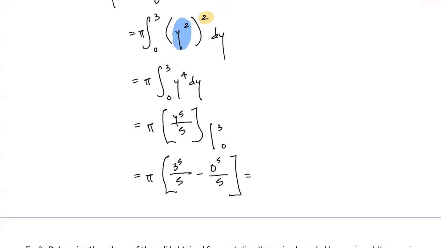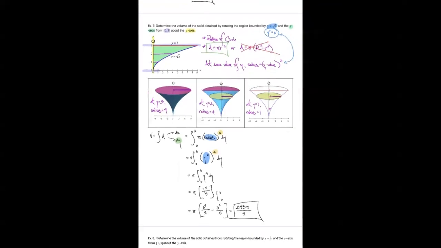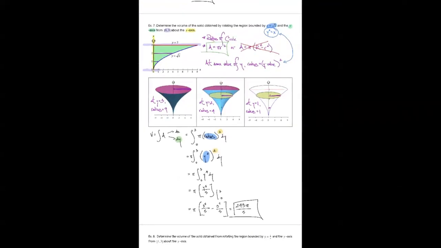And so we'll end up with, let's see, 3 to the 4th is 81, 3 to the 5th is 243 pi over 5. All right. So there is the entire question on one screen for you.